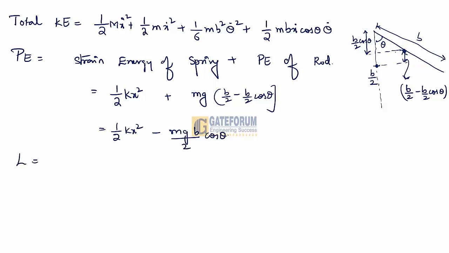Now the Lagrangian is equal to T minus V, that is kinetic energy minus potential energy.